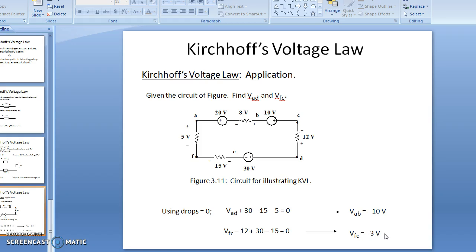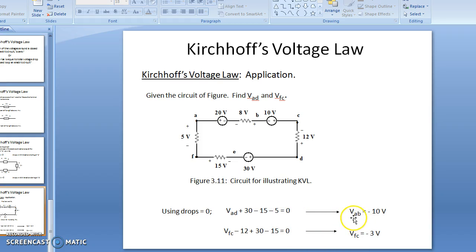Alternatively, we can find this VAD by traveling through A, B, C, D and A, another closed path, or VFC by F, A, B, C, F. Result will be the same.